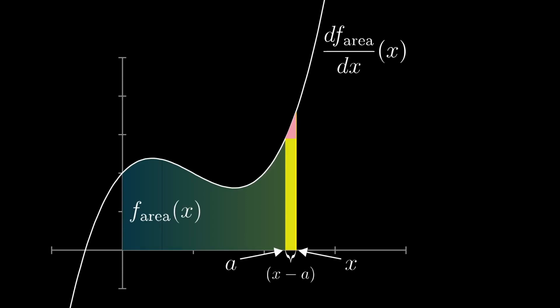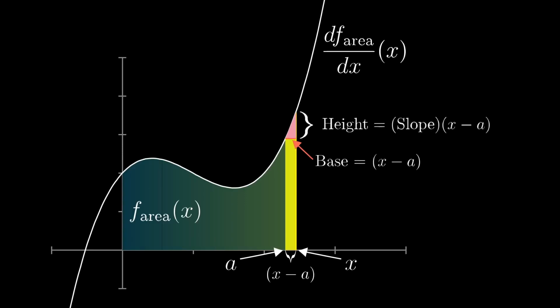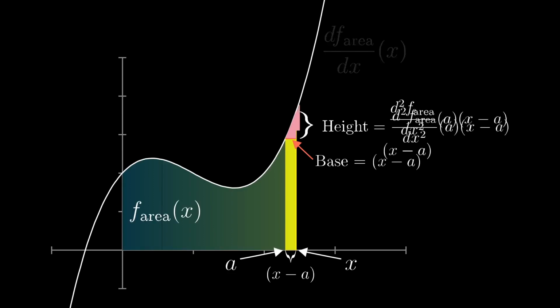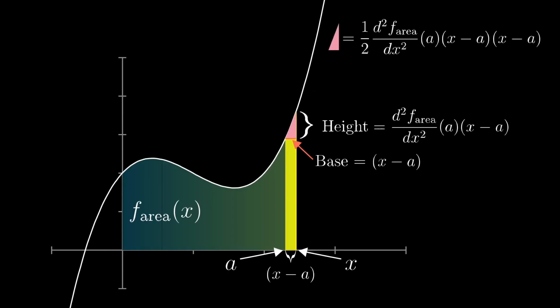The base of that little triangle is that change, x minus a, and its height is the slope of the graph times x minus a. Since this graph is the derivative of the area function, its slope is the second derivative of the area function, evaluated at the input a. So the area of this triangle, 1/2 base times height, is 1/2 times the second derivative of this area function, evaluated at a, multiplied by x minus a squared.